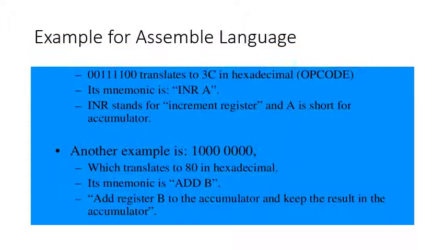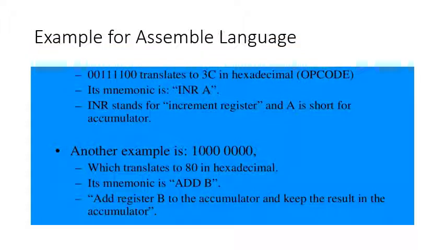So let us have another example. If we take a binary number 1000 followed by 4 zeros, then if we convert it to hexadecimal value, it has a value of 80. This 80 is nothing but the symbolic code, or we can say it as mnemonics, and this mnemonics represents an instruction called add B. Add B is nothing but add the content which is in the B register to the accumulator register.